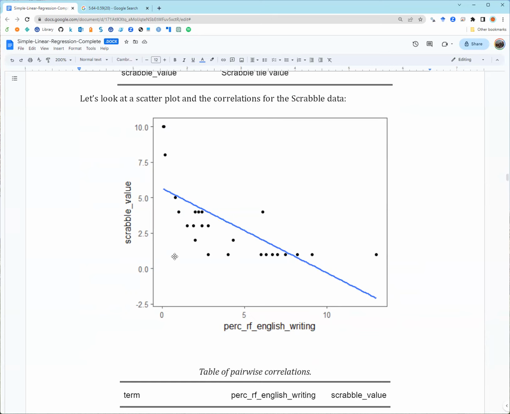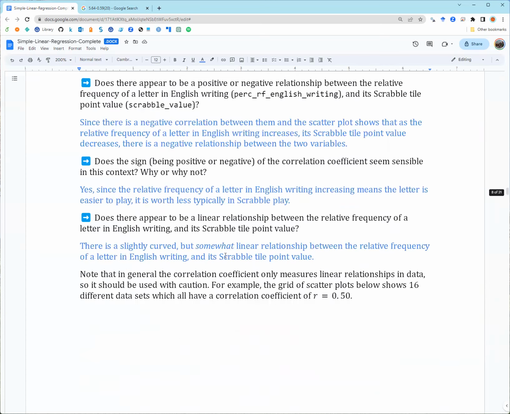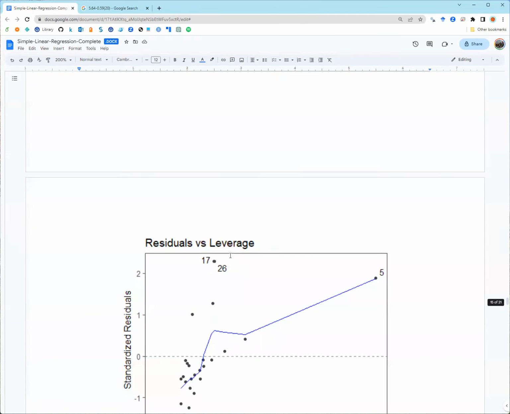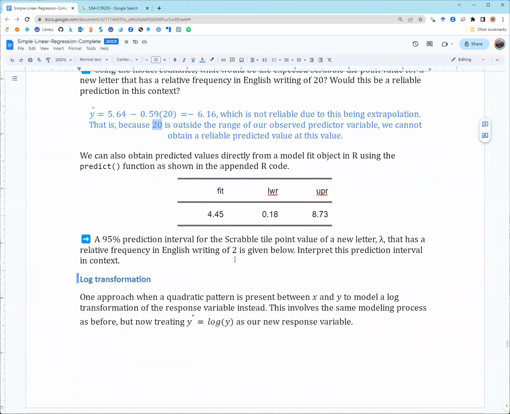Not likely in this case, because we see negative numbers, but in other data sets or contexts the trend might continue, though we cannot know for sure unless we had more data. You would need to collect more data out in that range of X in order to make predictions that far. Sometimes you have no choice, but if you do make predictions out there, it's called extrapolation, and it's not proper statistical practice. It's not necessarily going to be reliable. So no, because that is extrapolation.